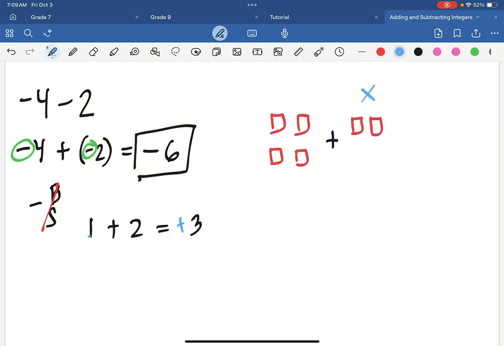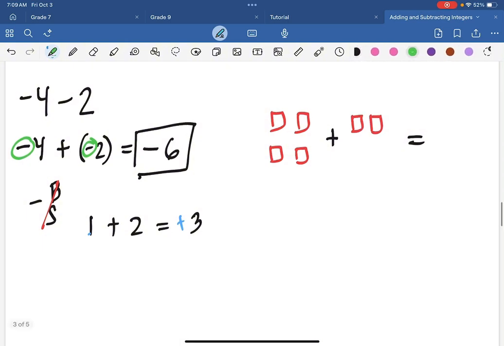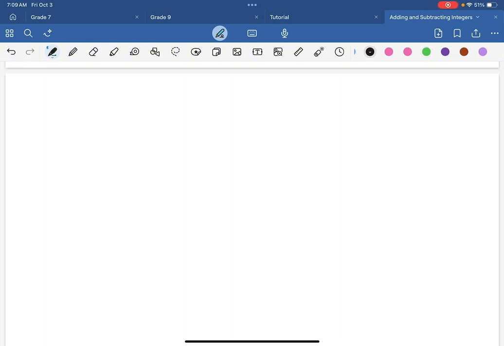They are both red. So based on this, we could just count the red boxes, how many there are. So we have here 1, 2, 3, 4, 5, 6. And that's why we got negative 6. And that's it for this example. Now let's have our last example here.